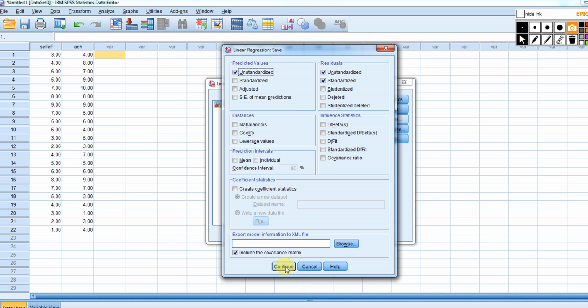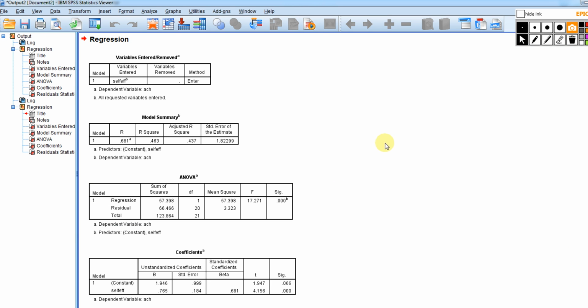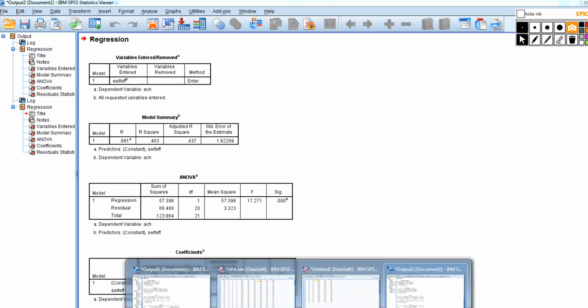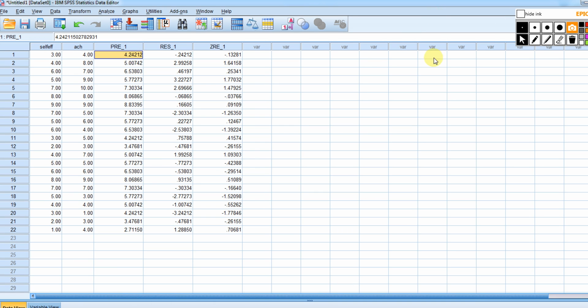Okay, so right here you can see that we have the predicted values on Y. So this is Y hat. And then we have the actual scores on Y, which is achievement. If you take the actual scores and subtract the predicted scores, that's what gets you your residual errors.